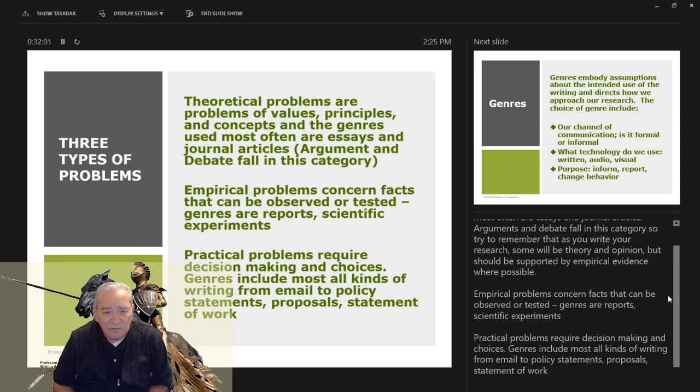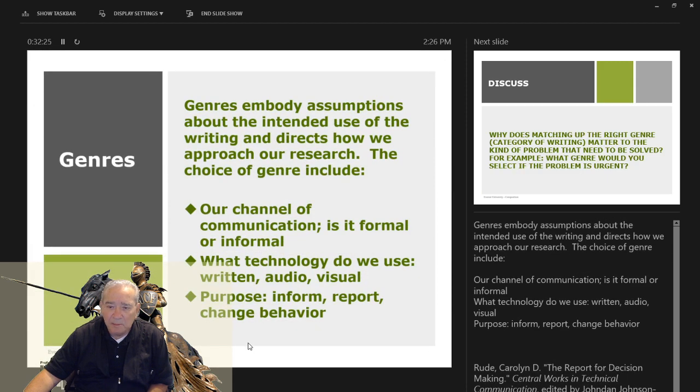When we look at the different kinds there, just remember that each of the genres that we're talking about in forms of communication are how we get things done to solve these problems, or issue the problems, or create knowledge, or shape meaning.